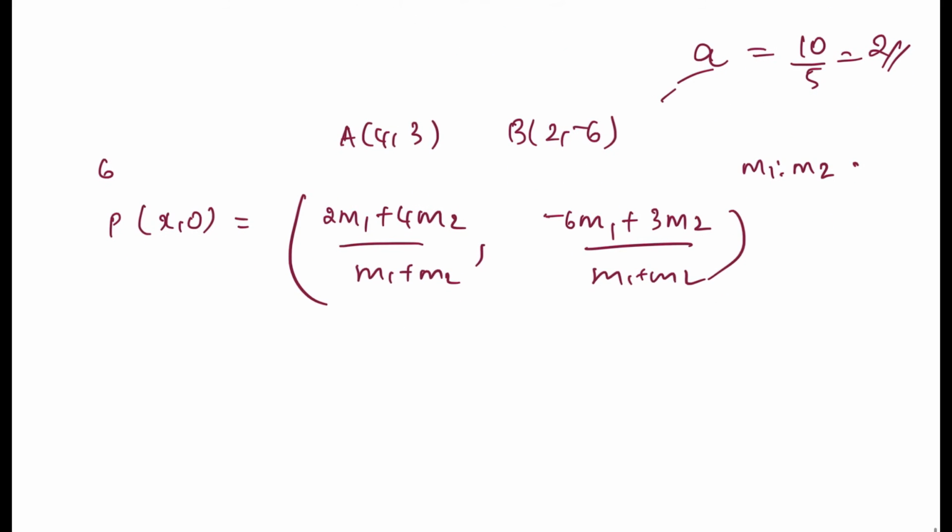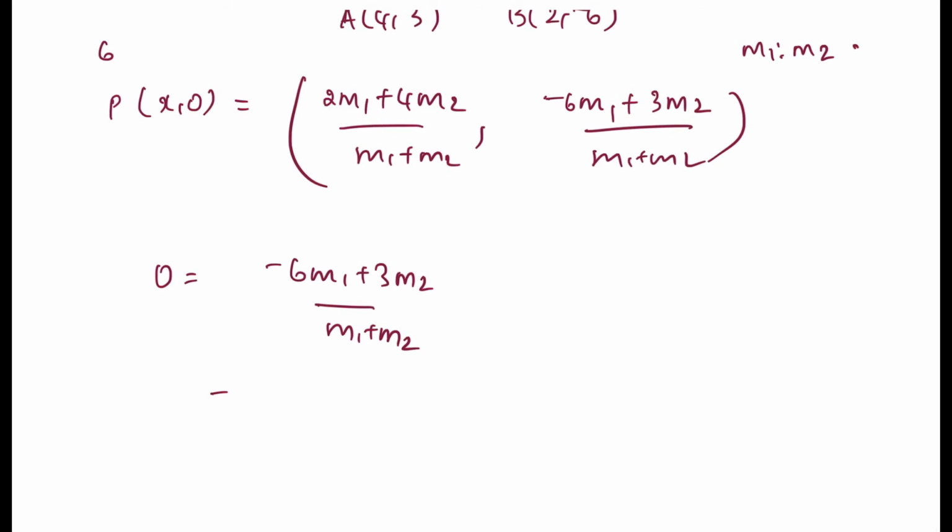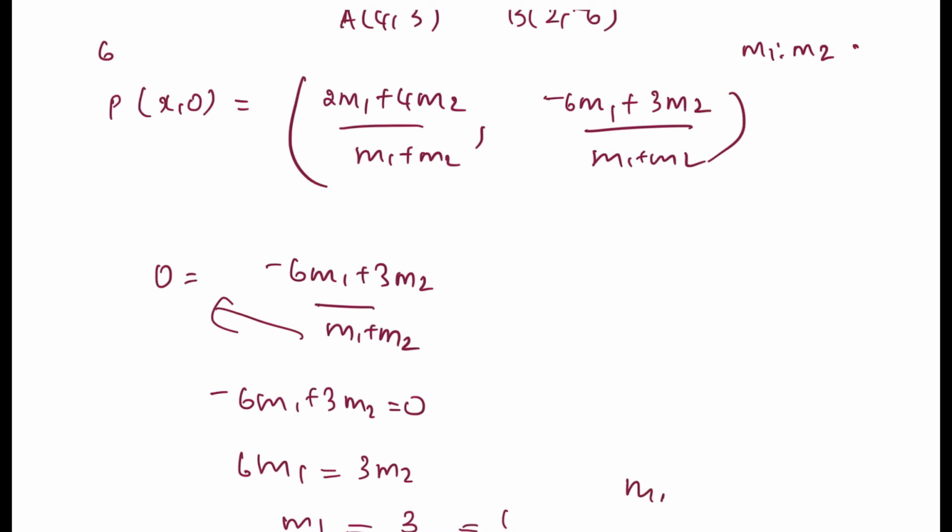So 0 is equal to minus 6m1 plus 3m2 by m1 plus m2. This will be 0, so minus 6m1 plus 3m2 equal to 0, 6m1 is equal to 3m2. So m1 by m2 equal to 3 by 6, that is equal to 1 by 2. m1 is to m2 equal to 1 is to 2, you will get the ratio is 1 is to 2.